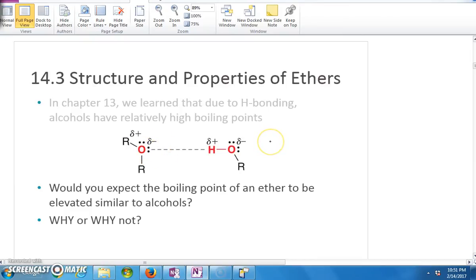As a result, we expect ethers to have lower boiling points than alcohols. So the boiling point of ethers is going to be less than the boiling point of alcohols.